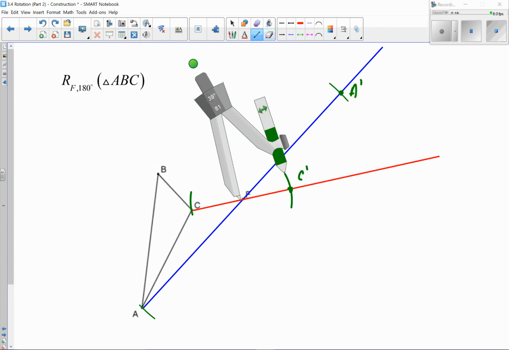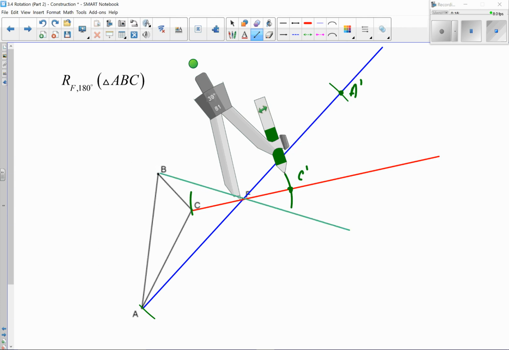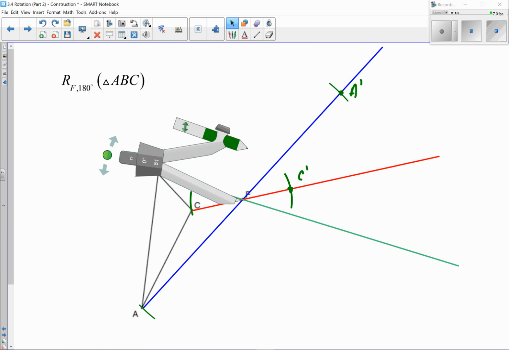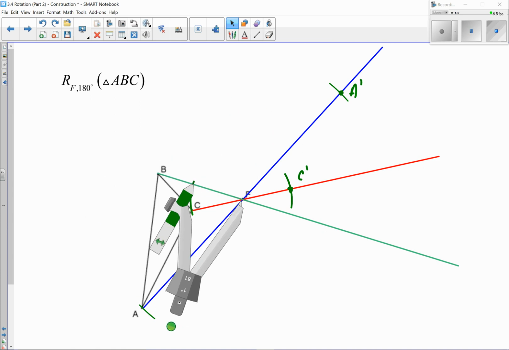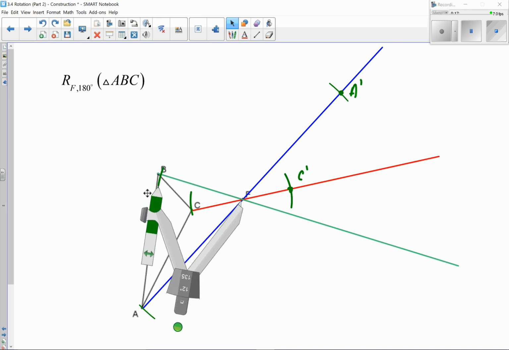And last but not least, let's repeat that process one more time. We can do green, that's fine. We'll go through F over here. I'll just make this more accurate. There we go. Again, measuring from F to B. Oops, that's not big enough.